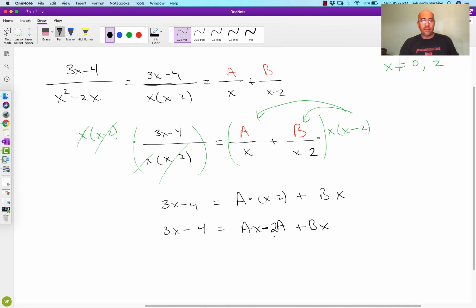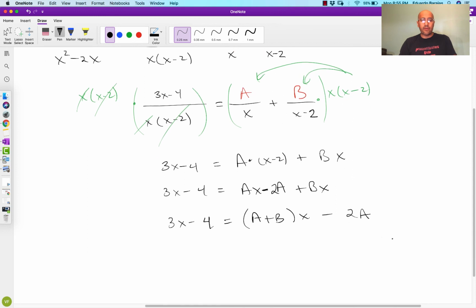Combining those, we end up with 3x minus 4 equals A plus B times x minus 2A, right? And then comparing it to the values on the left, this is the constant and this is the constant. So it must be true that the capital A must be a positive 2 in order to match up that one, right? So we can just conclude A must be 2. 2 times 2 is 4, and that matches with that constant.